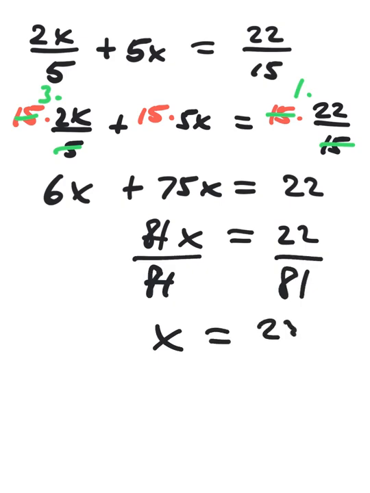I'm pretty sure that 22 over 81 is as reduced as that one's going to get. If you were to check the original problem, you would find that 22 over 81 is correct.